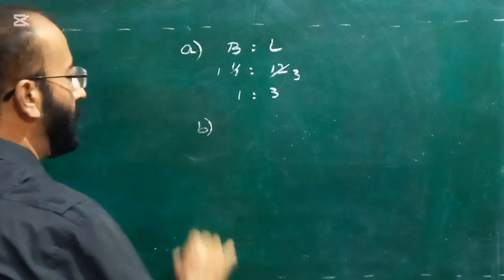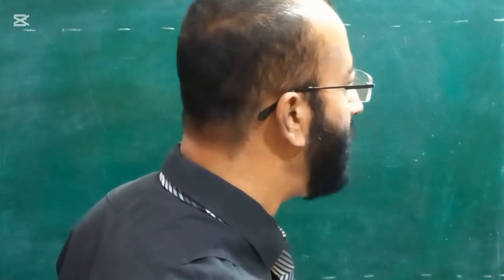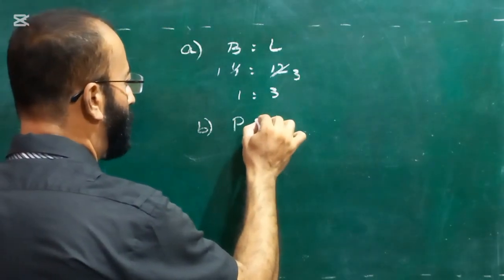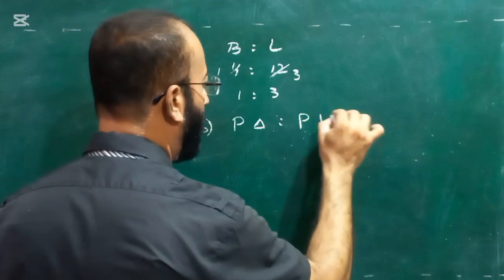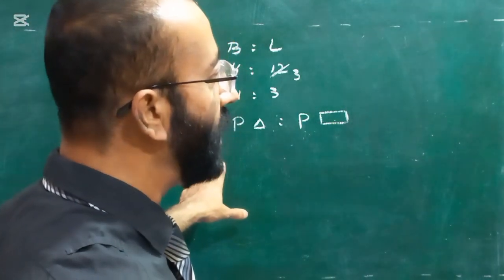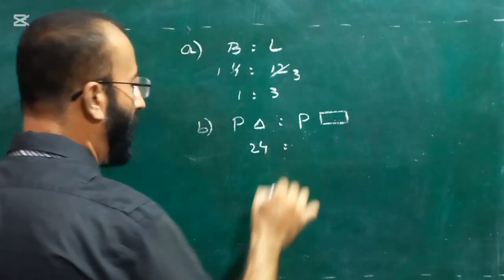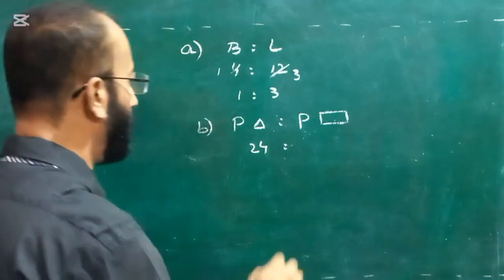Okay, in the B part, we were required to find the ratio of the perimeter of the triangle to the perimeter of the rectangle. So the perimeter of the triangle was in total 18 plus 6, 24, and the perimeter of the rectangle was 32.